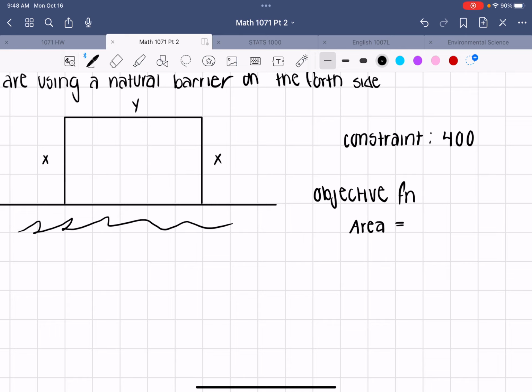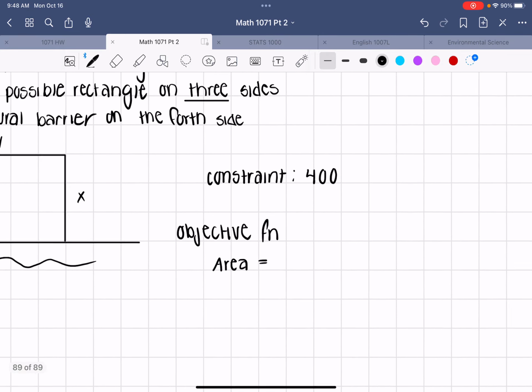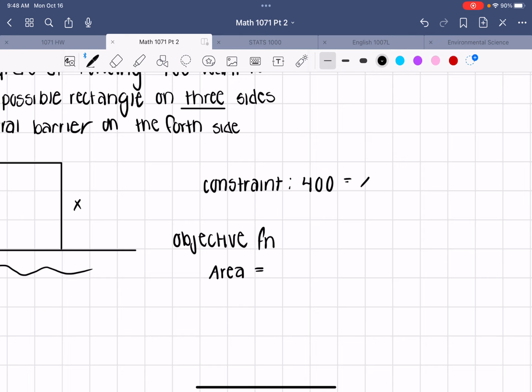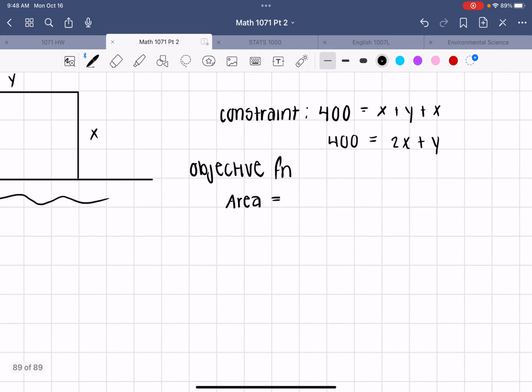That's all I got. My 400 equals 2x plus y. And so what's the thing I'm trying to optimize? I'm trying to optimize my area. How do you find the area of a rectangle? x times y.